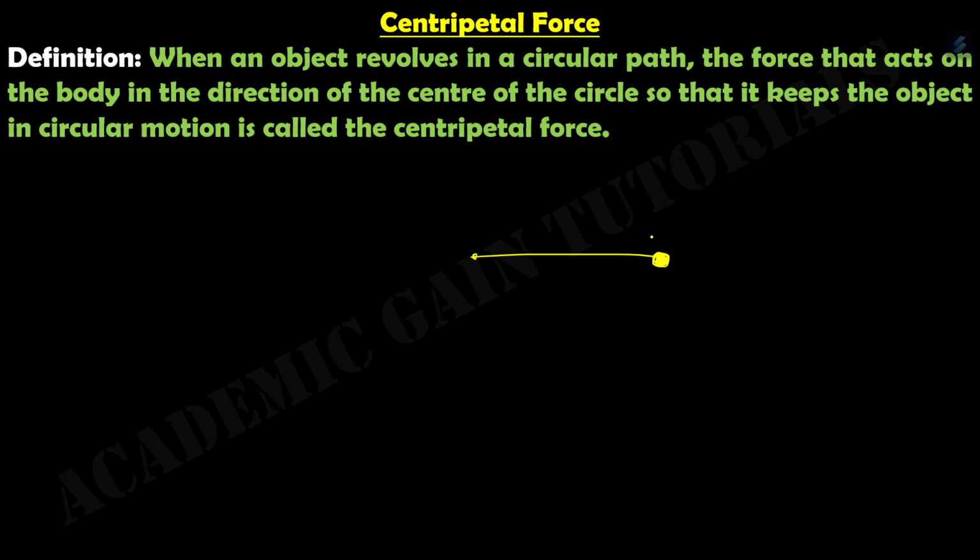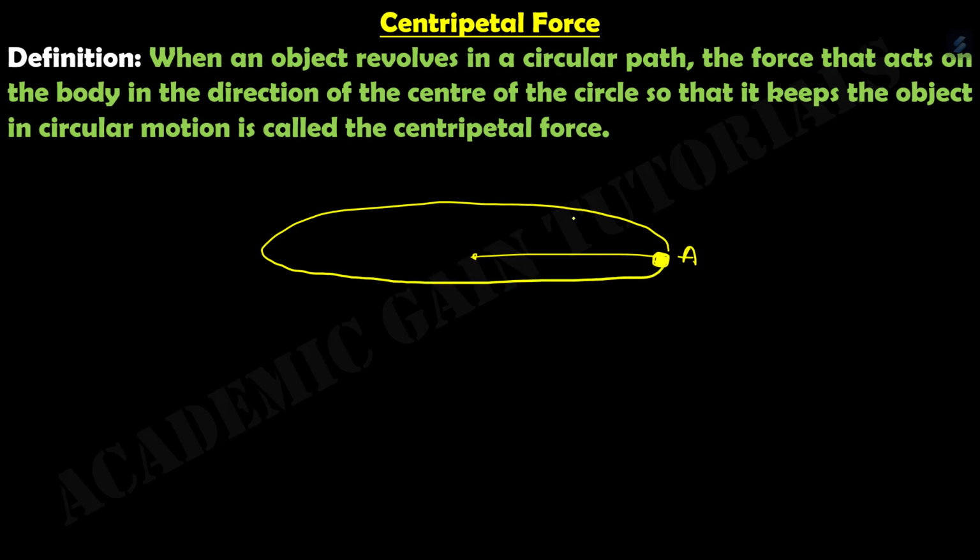When a stone A is whirled in a horizontal circle, that means I rotate this stone in a horizontal circle, and this is my finger, and this is the point of the center of this circle.